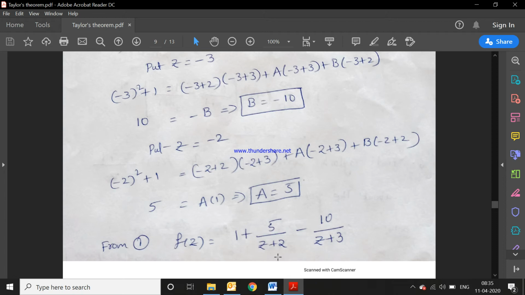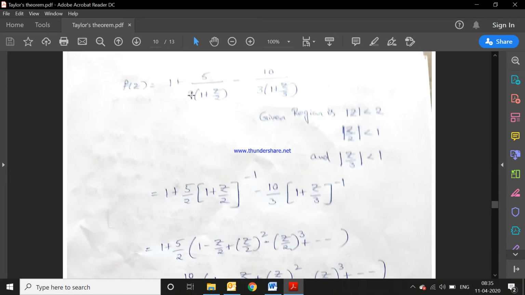If you write in 1 plus z form, you need to take common 2 from this term, and also here you can take common 3. So in the first denominator, 1 plus 5 by 2 common 1 plus z by 2, minus 10 by 3 common 1 plus z by 3.